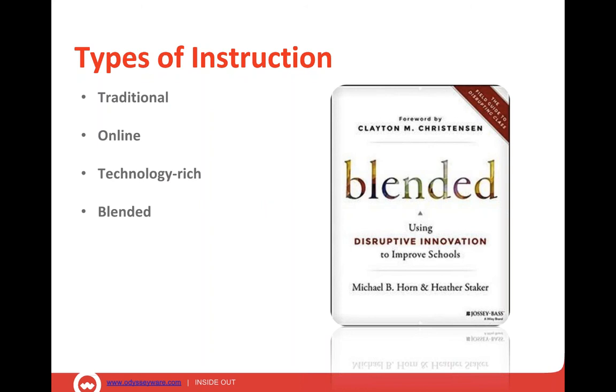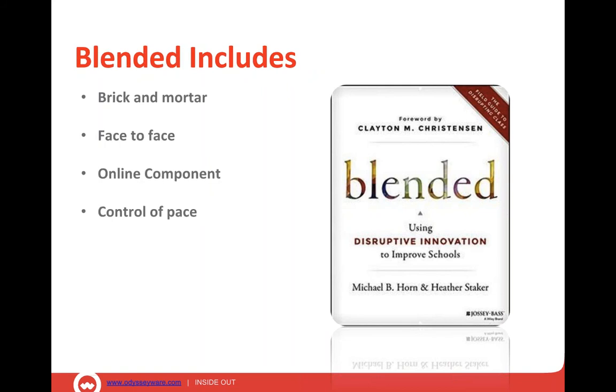The student's learning path within the course is connected to provide an integrated learning experience. So again, in blended spaces, you see these 4 main features. It is brick and mortar, there is a face-to-face component, there is also an online component. And the big part for students, and something that's very difficult for some teachers, is that students have control over their pace going through the course.